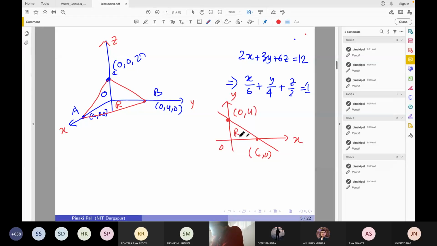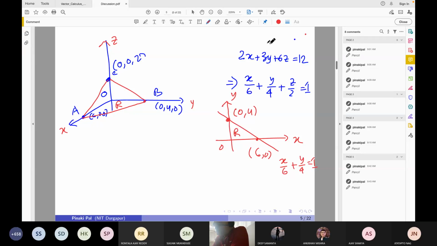This is my R. And what is the equation of this straight line? You have to just set z to zero: x by 6 plus y by 4 equal to 1. This is your equation. Now this is the region.